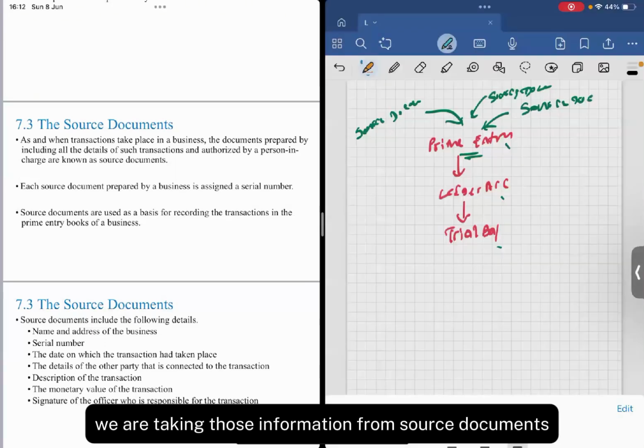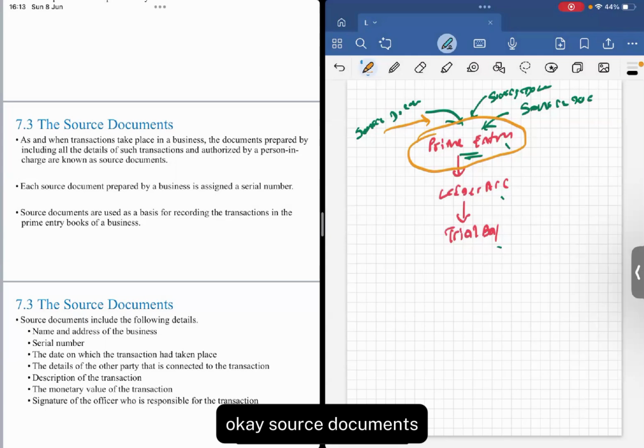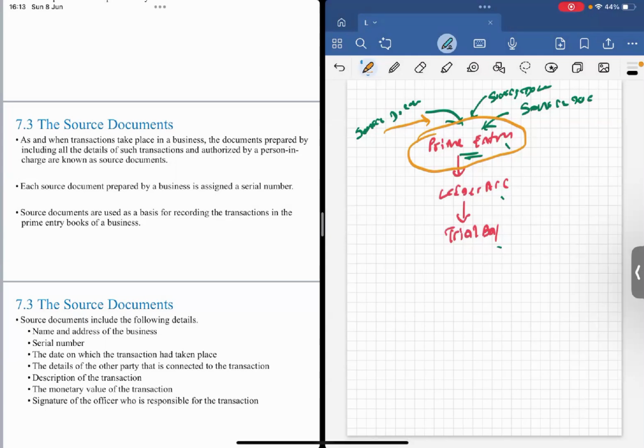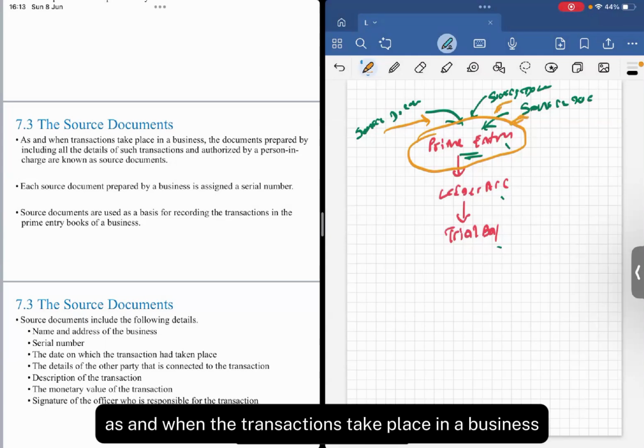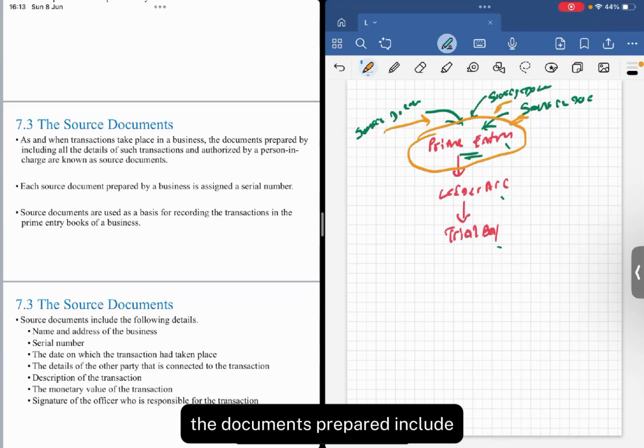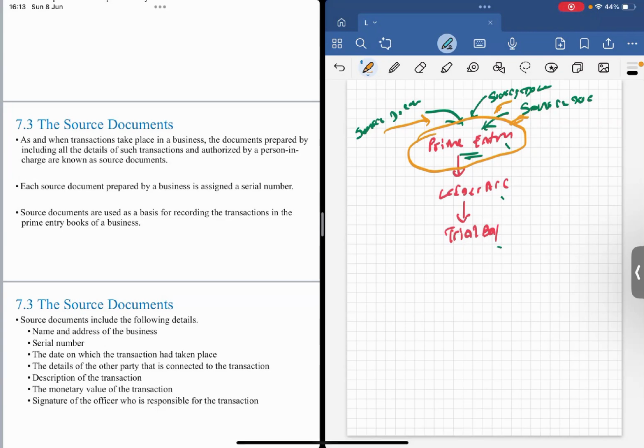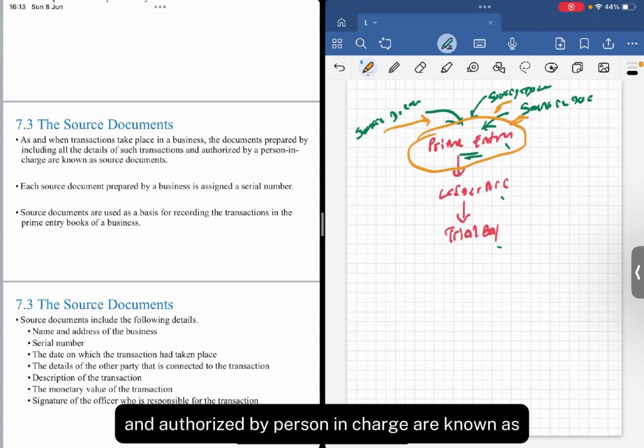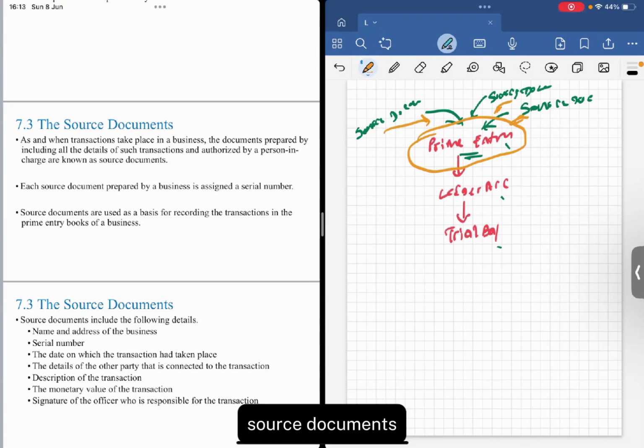As and when transactions take place in a business, the documents prepared that include such transactions and are authorized by the person in charge are known as source documents.